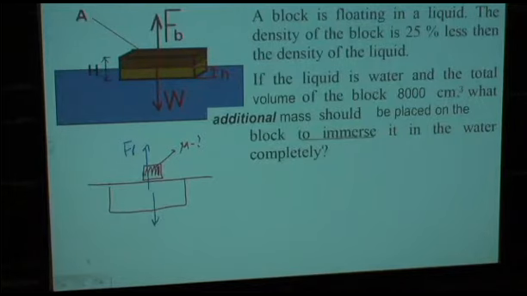So the force of gravity now will be equal to the total mass of both objects together. And that should be compensated by the buoyant force.